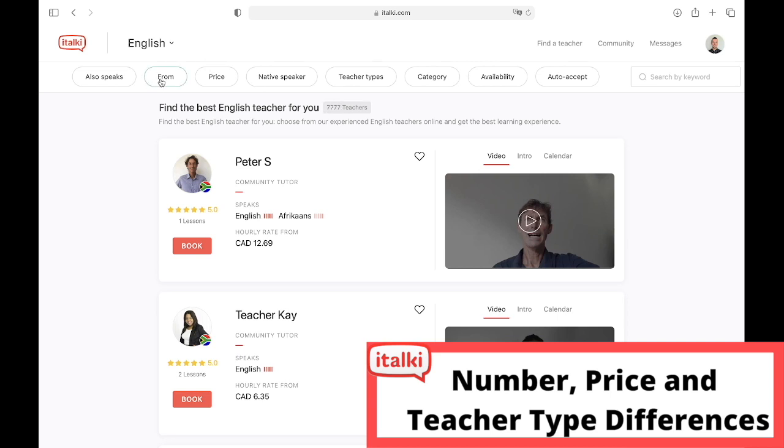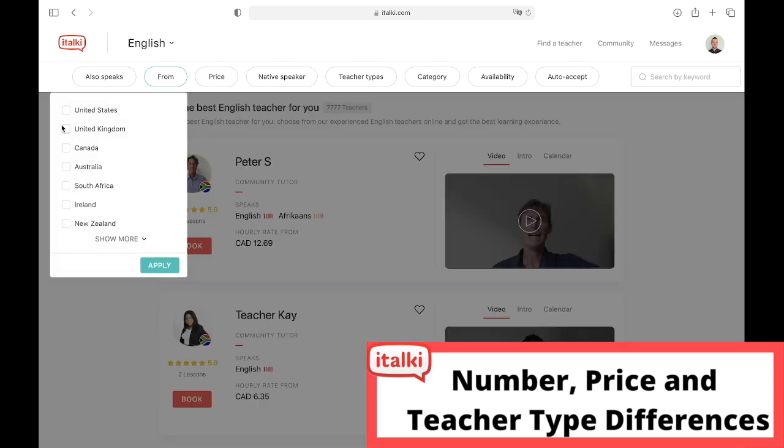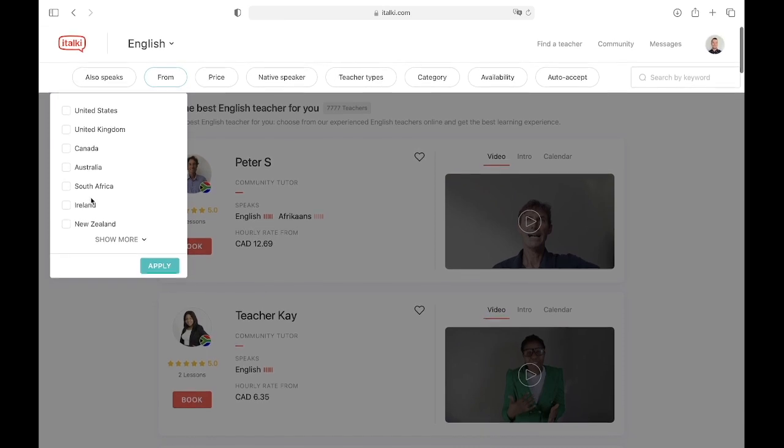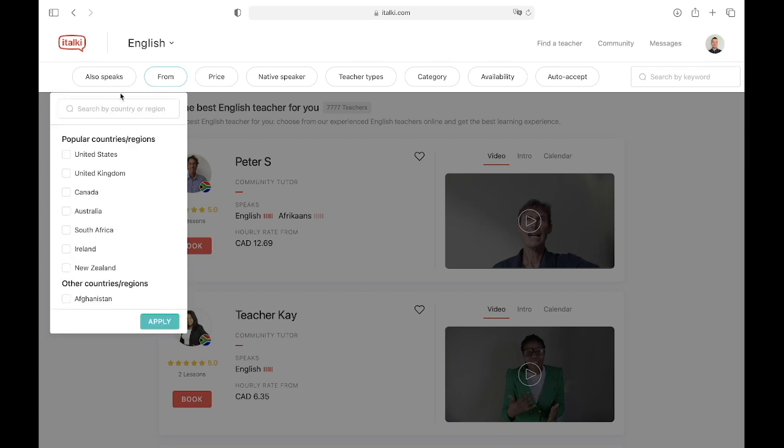So let's click on here and look at what iTalki at least considers the most common, the most popular native speaker teachers, the most popular countries or regions. All right, so we could go to the United States, UK, Canada, Australia, South Africa, Ireland, New Zealand.